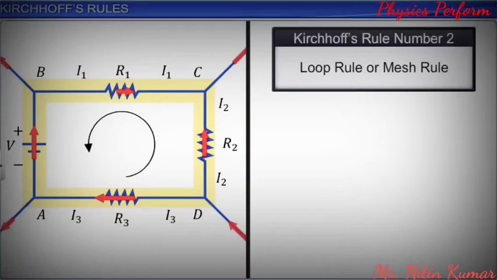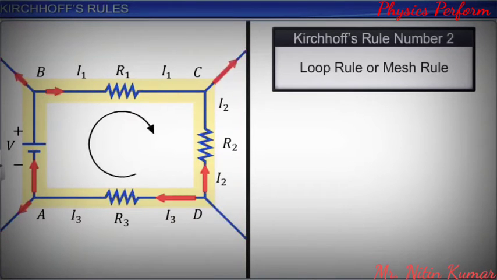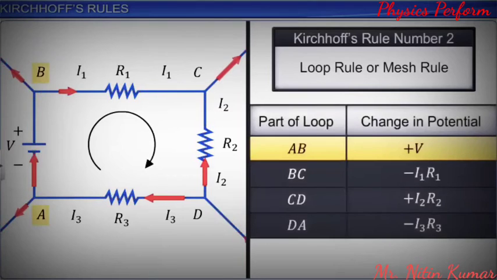Let us start from point A and walk through the loop in the clockwise direction, that is, ABCDA, and note down the change in potential. AB. While moving from point A to point B, we go from the negative terminal of the battery to the positive terminal of the battery.